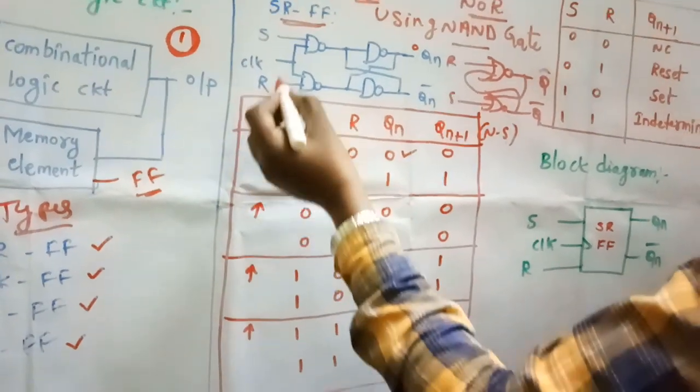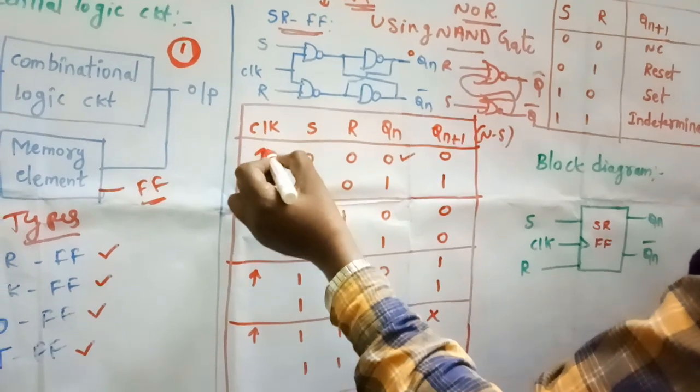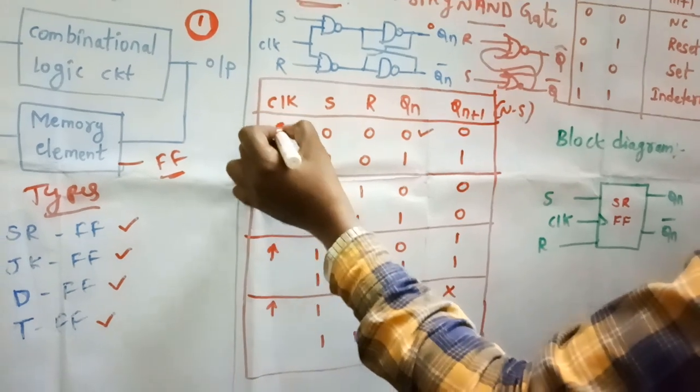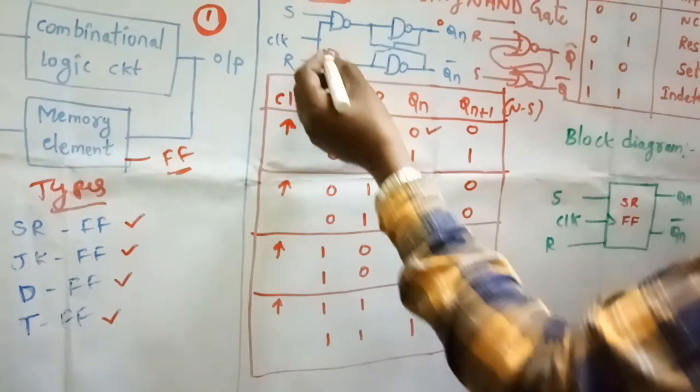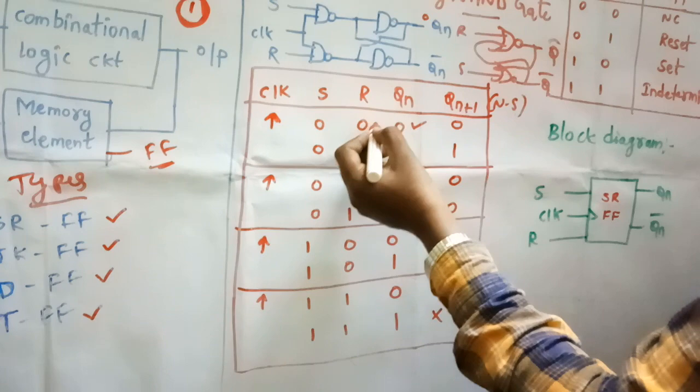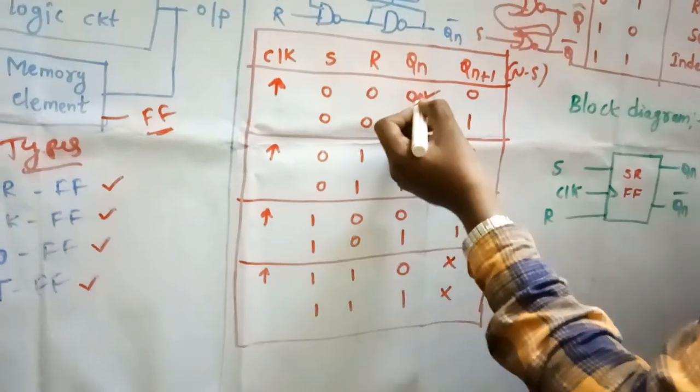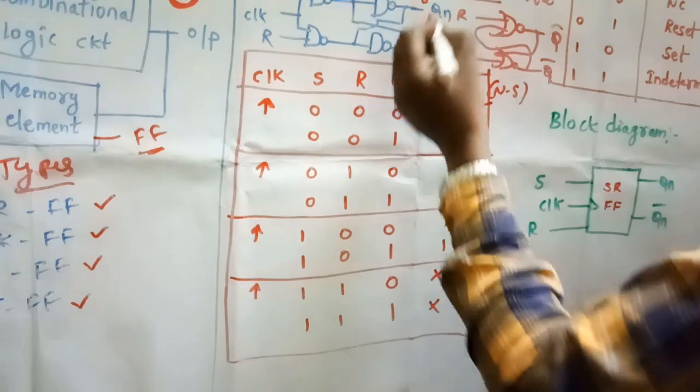I am applying a positive clock, that's why a rising edge. If it is a negative clock, then we can take the falling edge. So this is a positive clock. Let us consider S and R are 0, 0. The present state is 0; it may be 1, but first we will see for 0. Then what is the corresponding output?